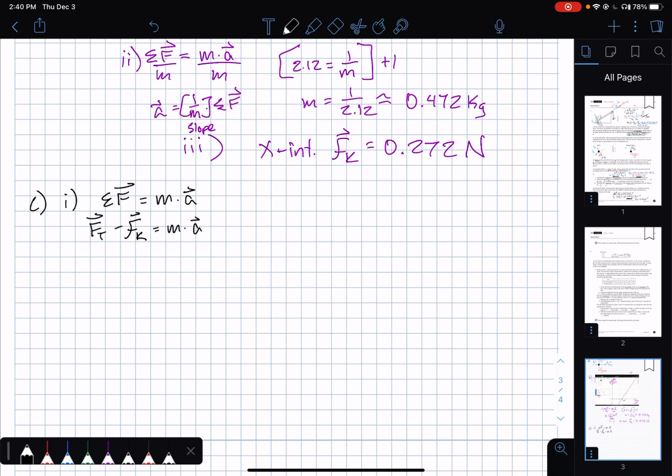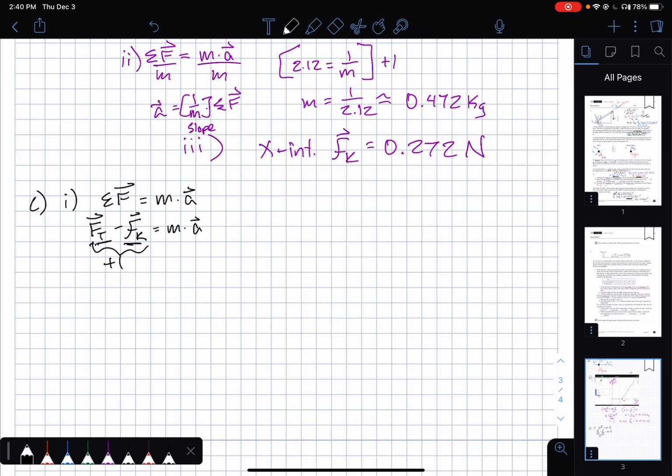And so for that, you had the summation of your forces, and where you earn the point is actually knowing what those forces are doing. So Ft minus Fk.